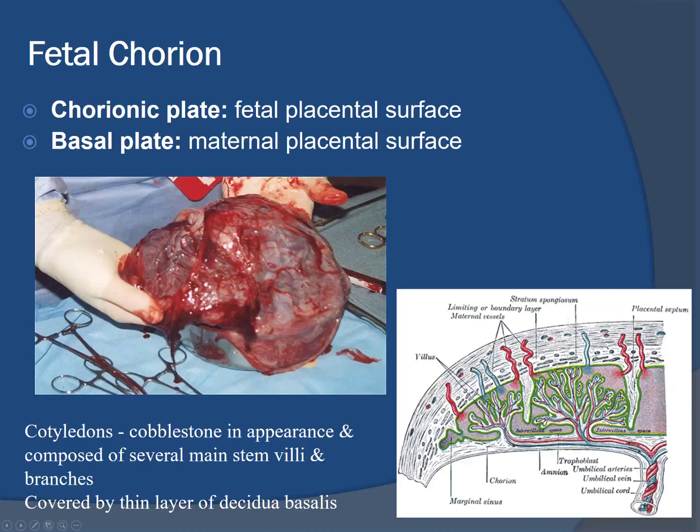These multiple main stem villi together form cotyledons, and the maternal surface is covered by a thin layer of decidua basalis. So this is the gross picture of the placenta.